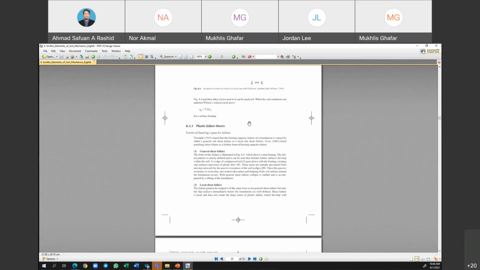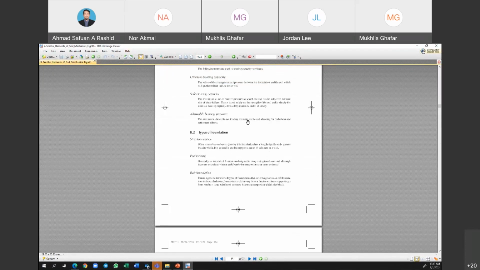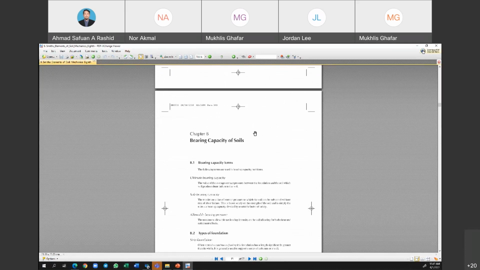You can do a reading for this shallow foundation, on the bearing capacity of soil.